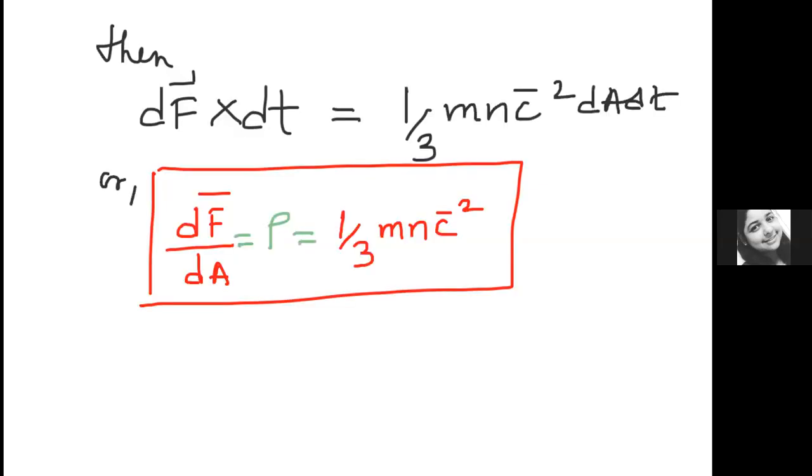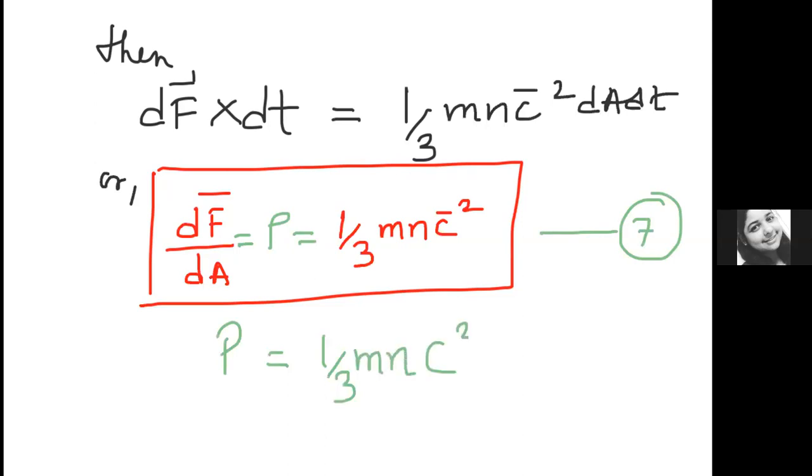Sorry, my hand just pressed against it. So this is my ultimate equation that I wanted to find out. Now if we introduce the root mean square velocity c, then we can write this expression as 1/3 m n c square, where c is the root mean square velocity.